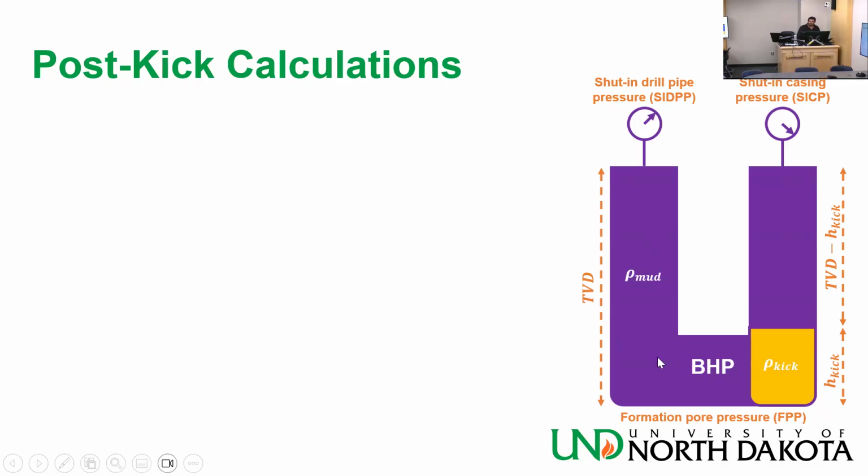You have surface pressures that you do know and you see directly, SIDPP, SICP, and you also know the mud weight very well, obviously. So you can estimate the BHP, etc.